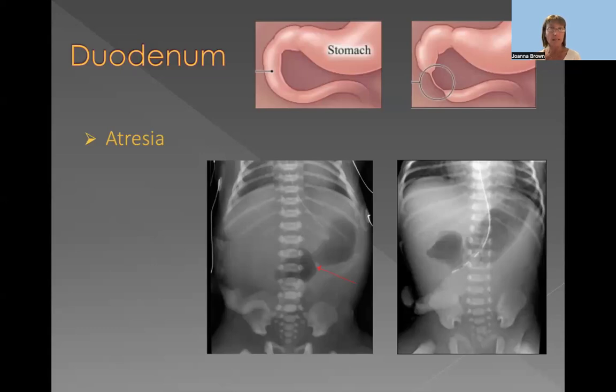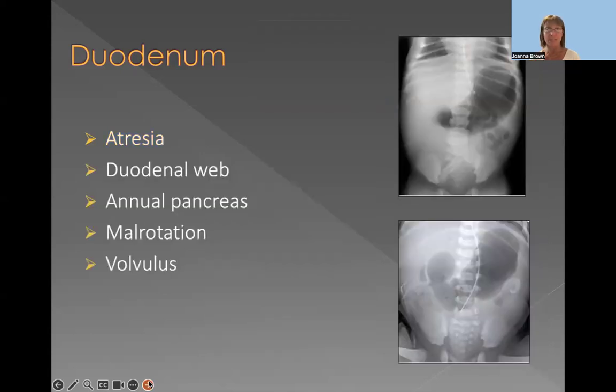It is a classical picture on the X-ray, and you don't need to do anything else to prove it. Your clinical history, examination and abnormal X-ray will give you a final diagnosis of duodenal atresia, and this baby will need to go immediately to theater and have an operation.